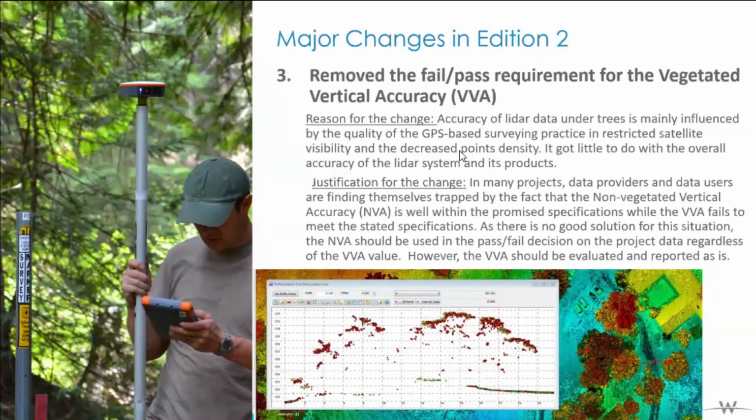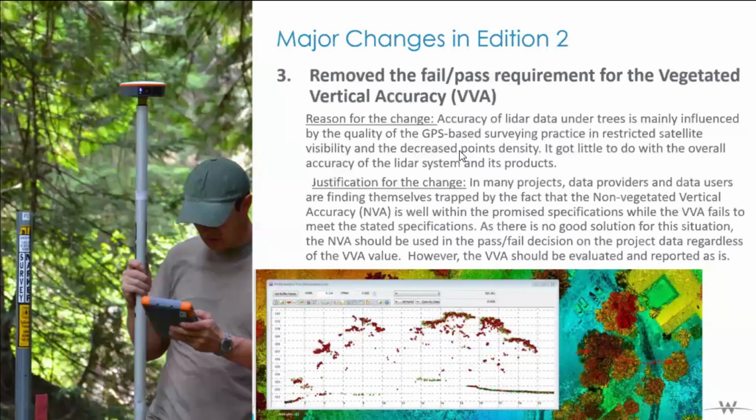And in the earlier edition, we had a threshold for rejection or acceptance for the VVA, like 3 times RMSE, the 95th percentile. If it exceeds 3 times the RMSE, the data will be rejected.